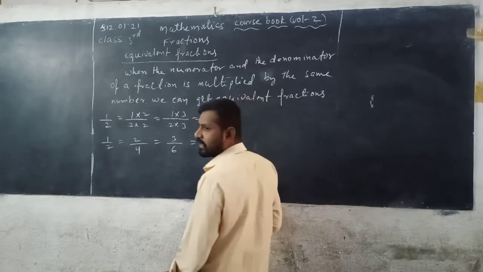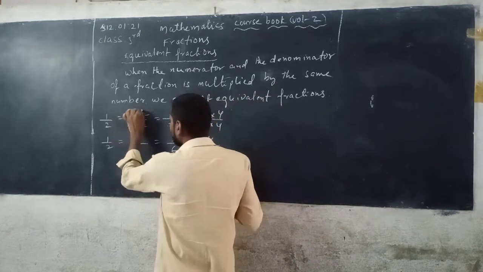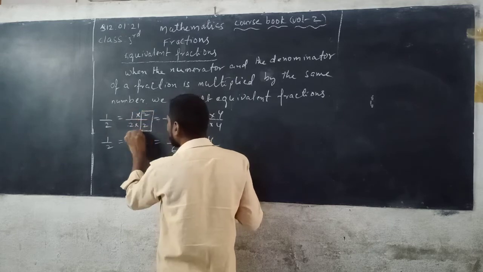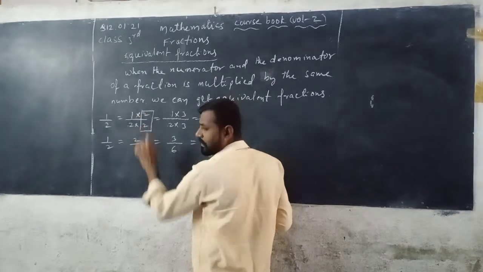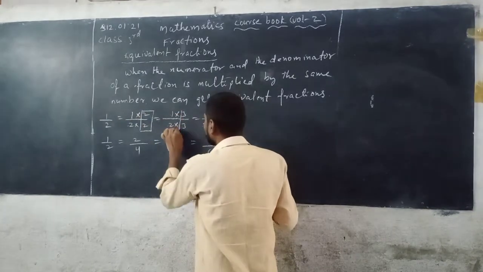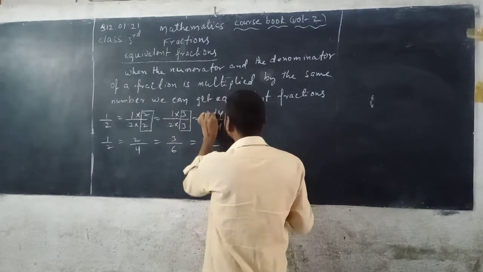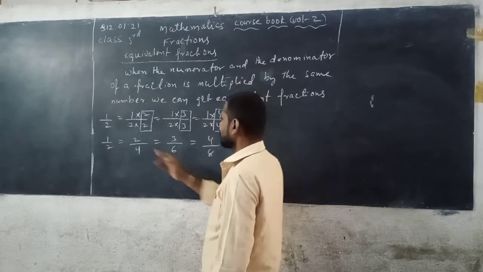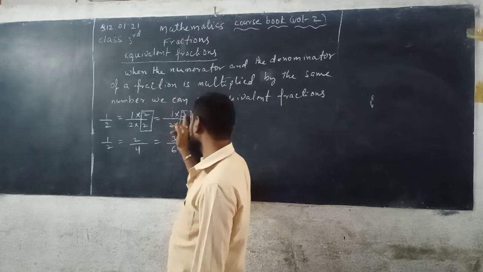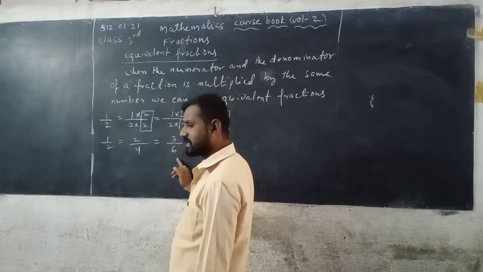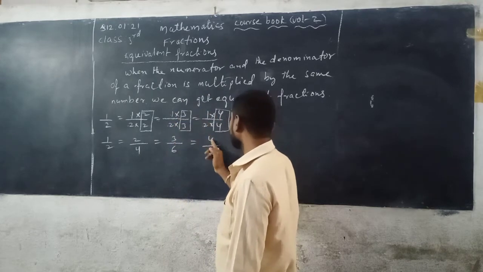Listen carefully. The numerator and the denominator are multiplied by the same number: by 2, here by 3, here by 4. So you get 2 by 4, 3 by 6, and 4 by 8.